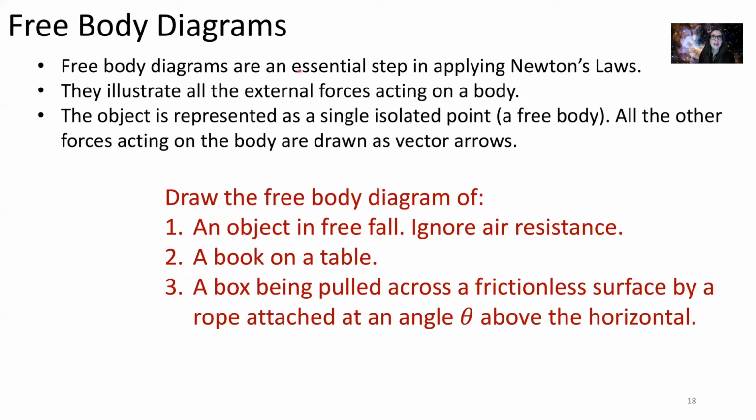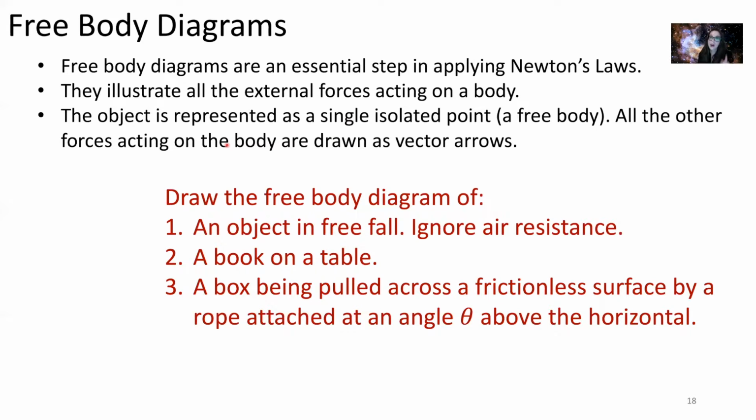So free body diagrams are an essential step in solving Newton's laws problems. They illustrate all the external forces on a body, on an object. The object is represented as a single isolated floating point. That's your free body.